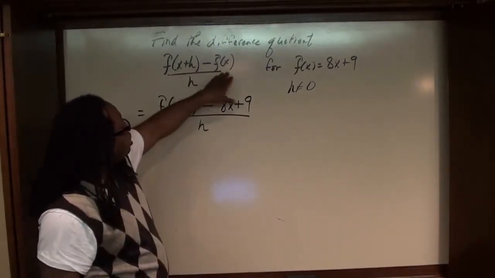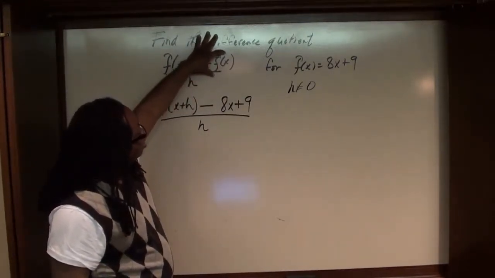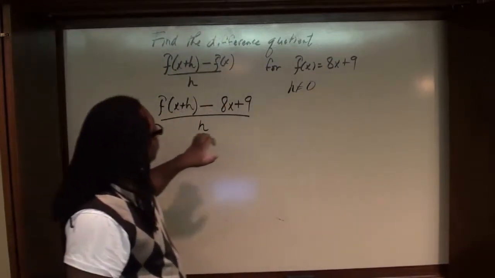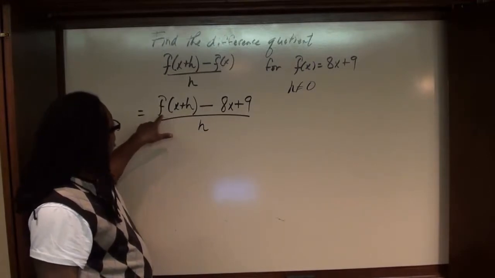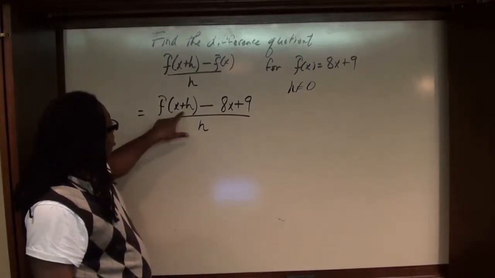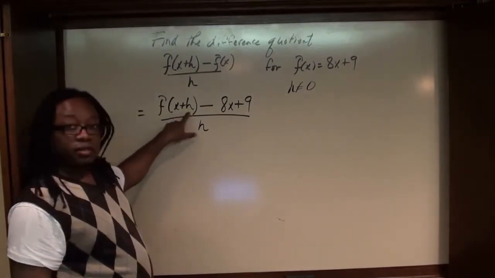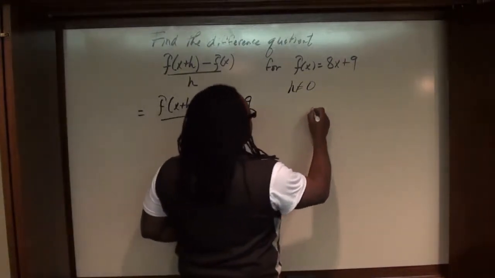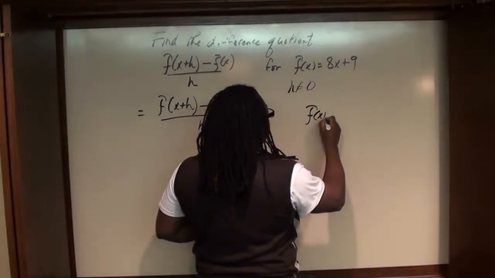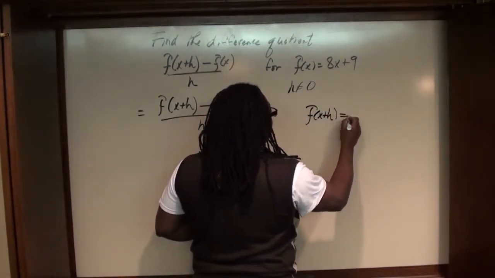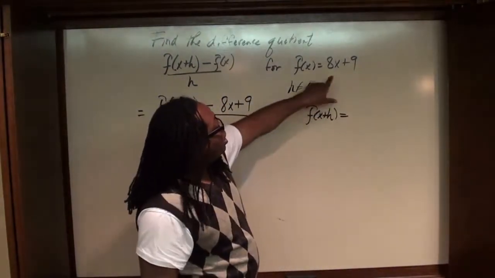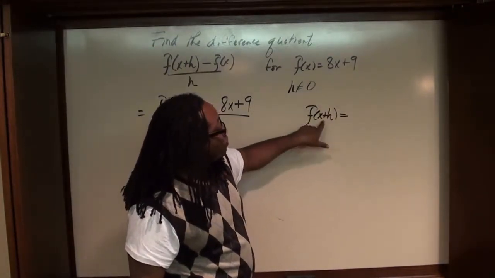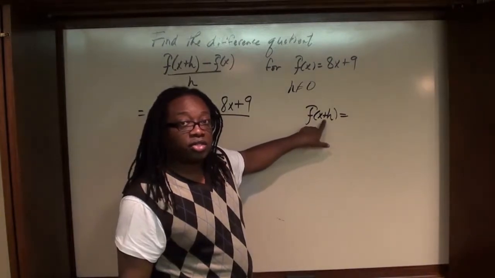So we substituted f of x with 8x plus 9. That was pretty simple. So the question becomes, how do we substitute f of x plus h in? Here's how you do that. f of x plus h is equal to, well, every place that there is an x, you substitute in x plus h.